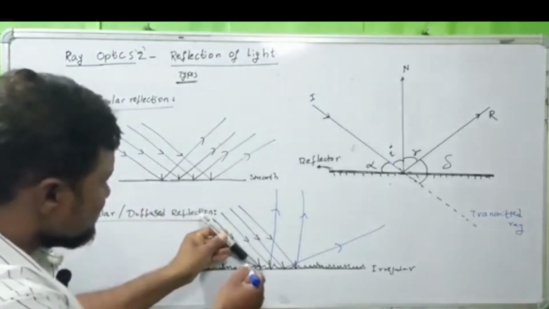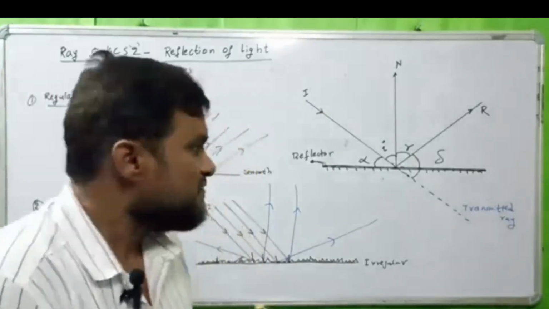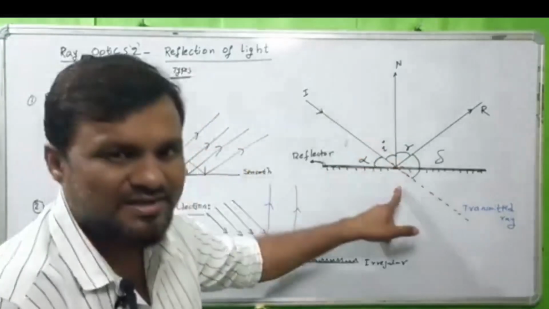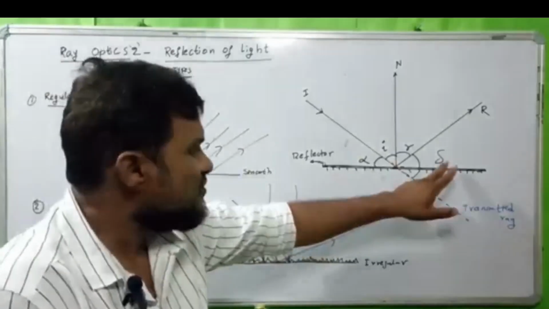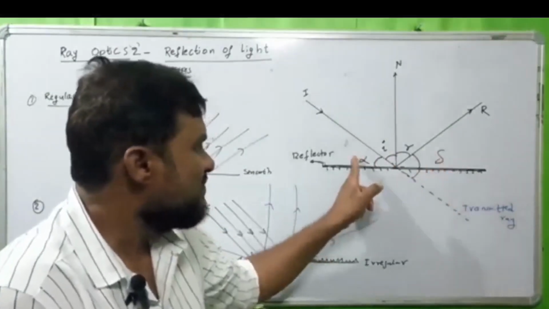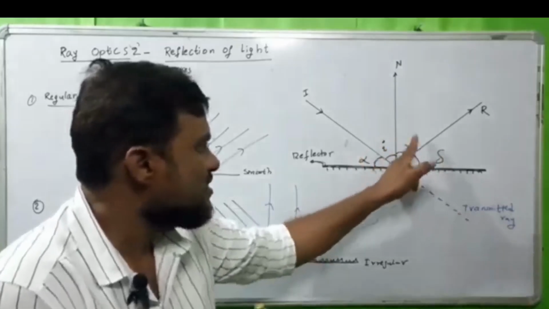No doubt. Now we will do some geometry regarding this diagram, and we will discuss what is the relation between delta and alpha, delta and angle of incidence or angle of reflection.